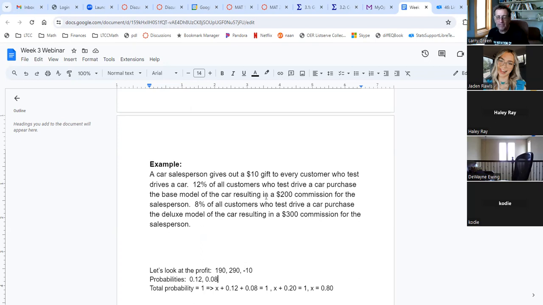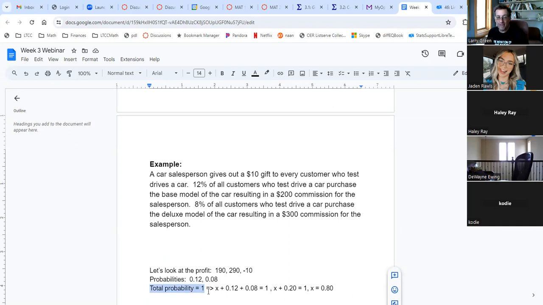Okay, then if we want to find out what is the probability that somebody will not purchase anything who has test drive the car, then one of the big things from chapter 3 is the total of all the probabilities must add up to 1.